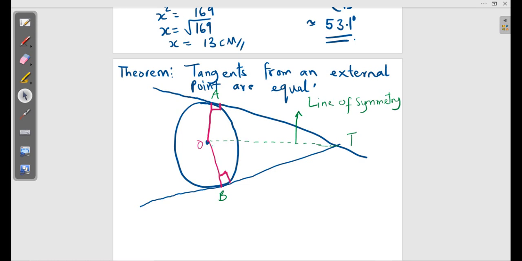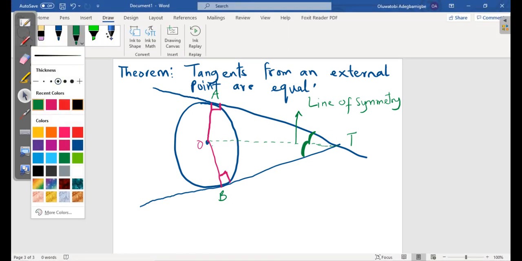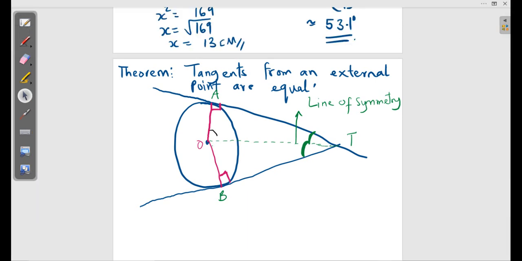Now, because this is a line of symmetry, this angle here will also be equal to this angle here. And automatically, this angle here will also be equal to this angle. So the meaning is this: angle OAT is equal to angle OBT. That is 90 degrees.